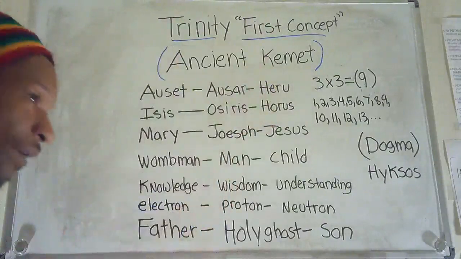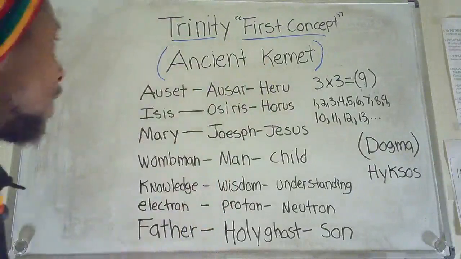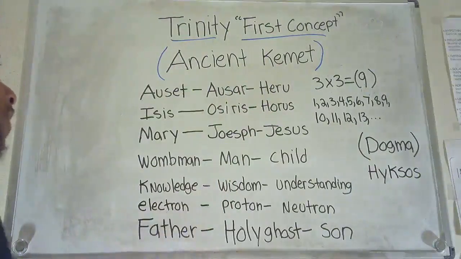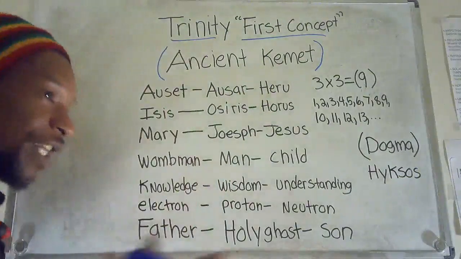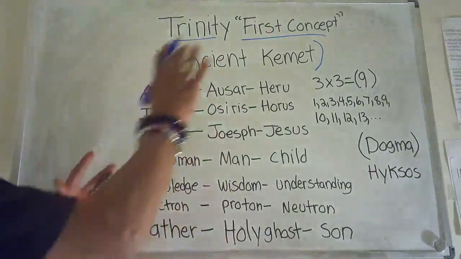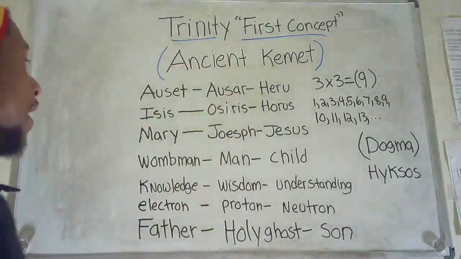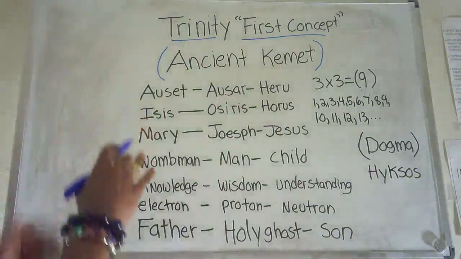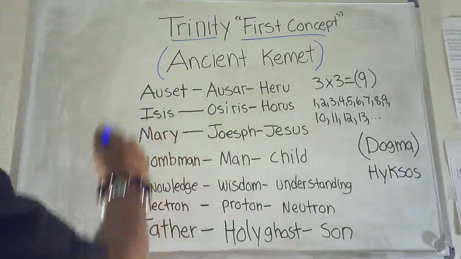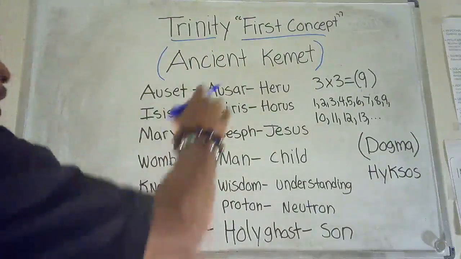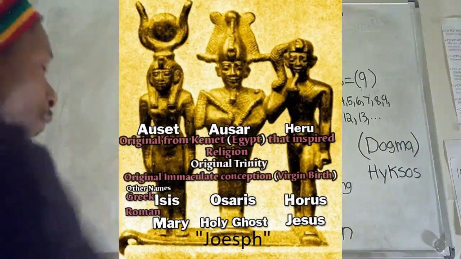Now, the first concept comes from ancient Kemet, which I know as Egypt, but ancient Kemet. You had the Kemetic deities, which was Auset, Ausar, and Heru.